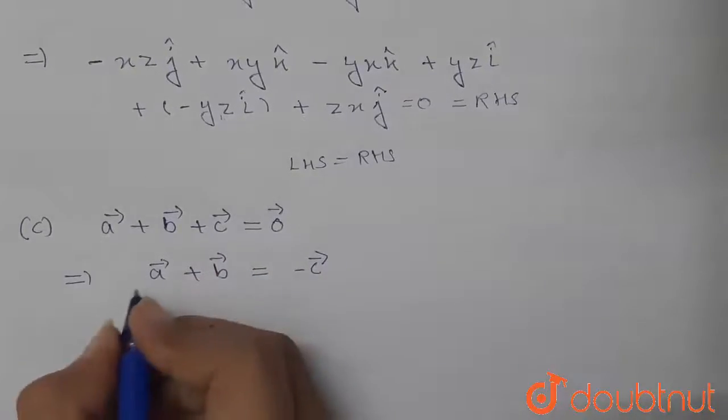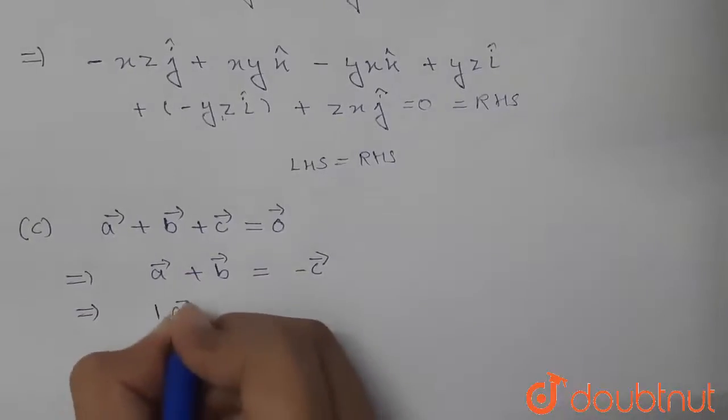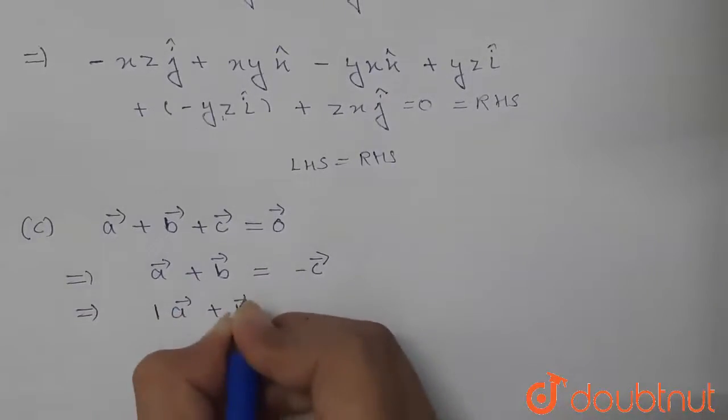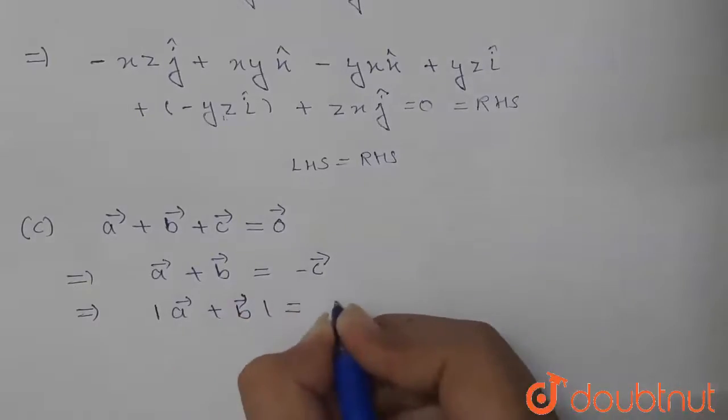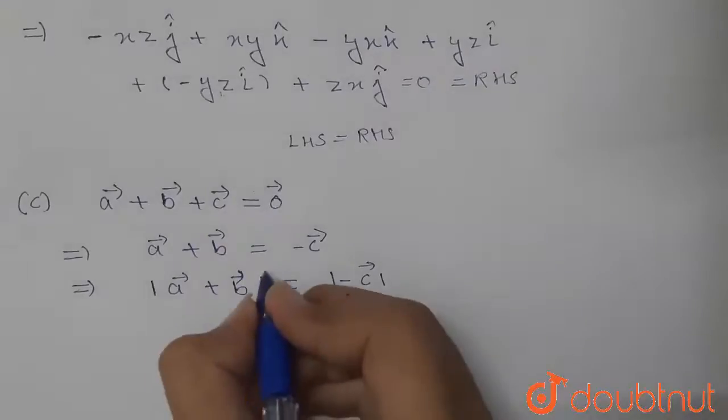Now let us do mod on both sides. That is mod of A vector plus B vector equal to mod of minus C vector. Now let us square both sides.